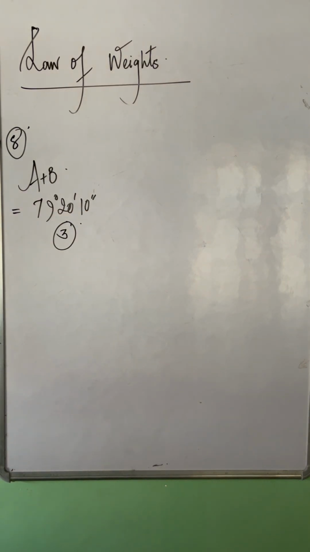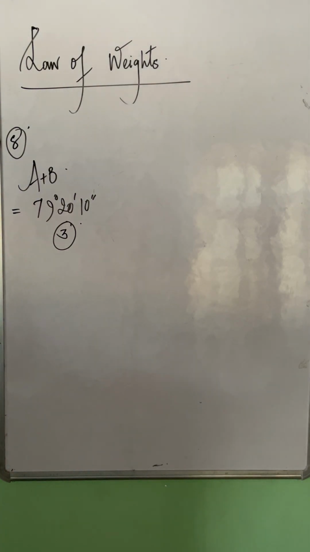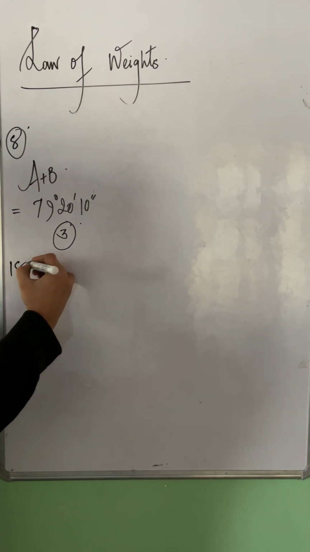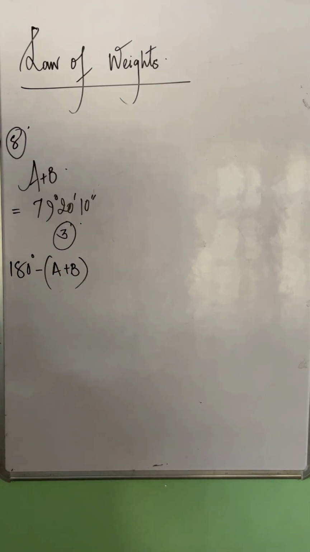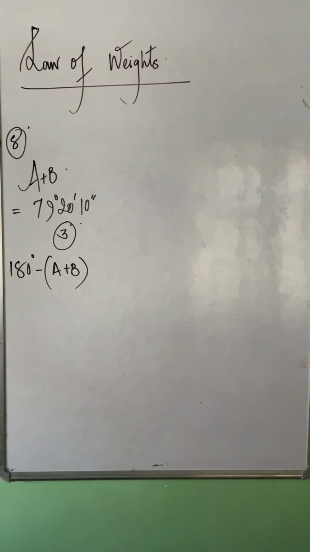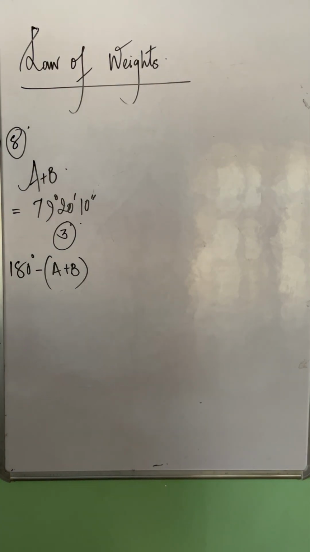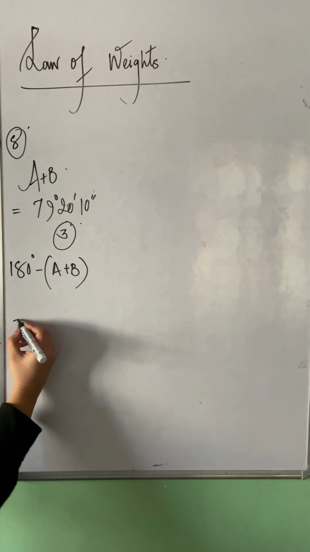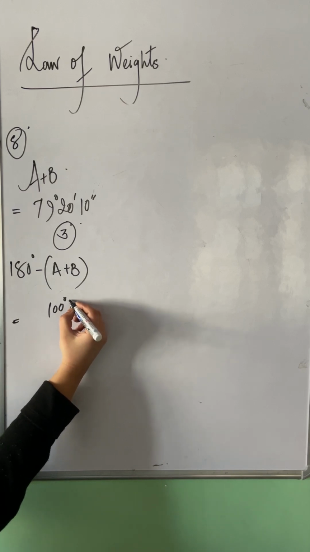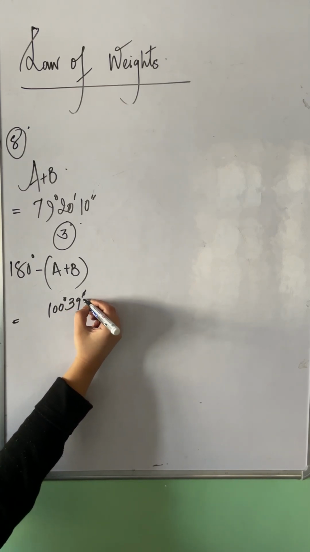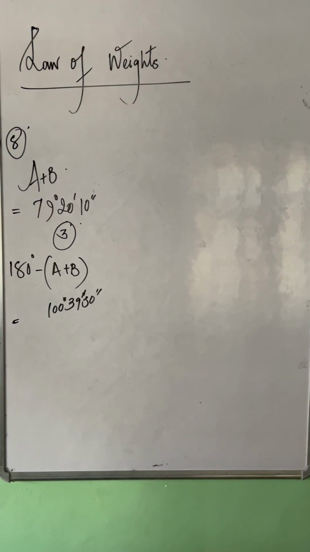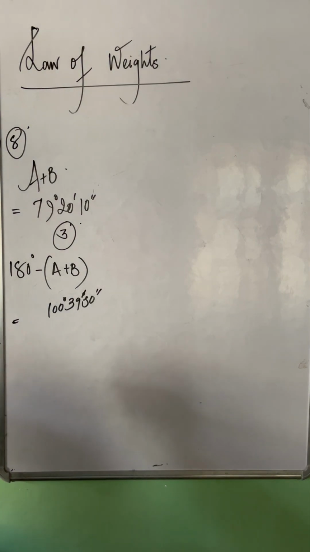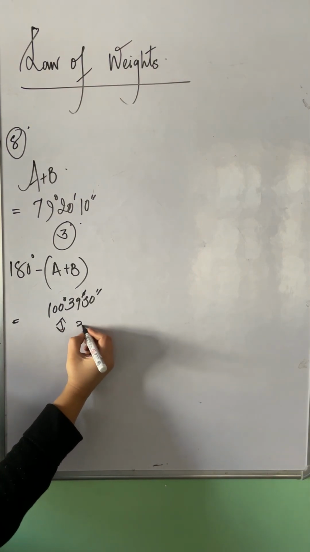Now there is another equation, which will also have a weight of 3. So 100 degrees, 39 minutes and 50 seconds will also have a weight of 3.